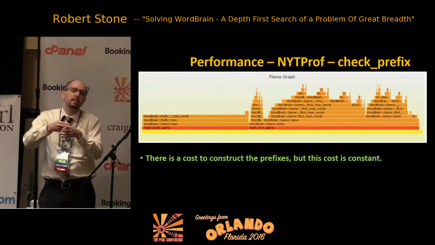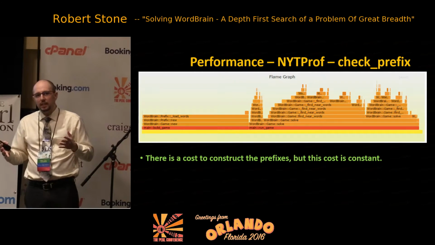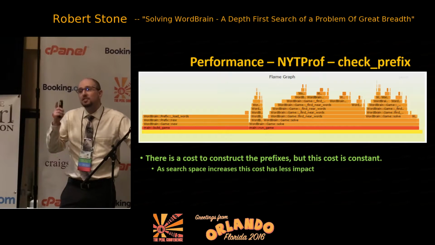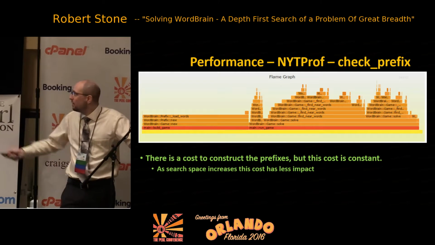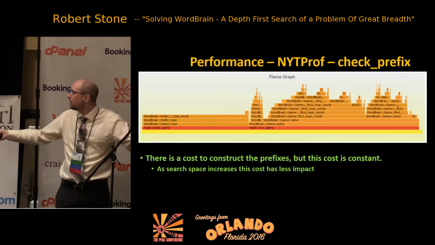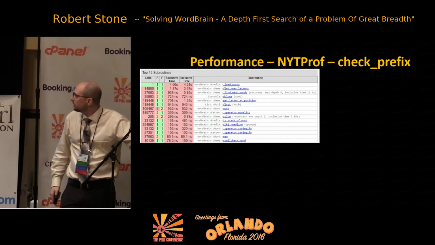To go from a 4-letter to a 5-letter prefix, it takes a little bit more time, but really, you're talking about a fixed amount of time for this operation. As the search space increases, though, this won't grow. This will actually appear smaller as the rest grows.